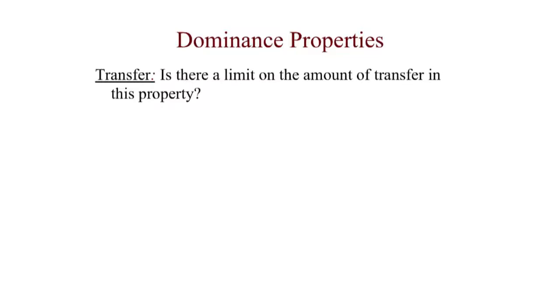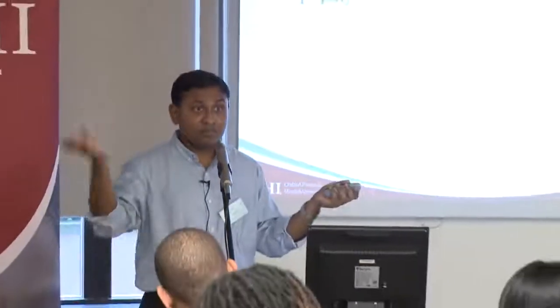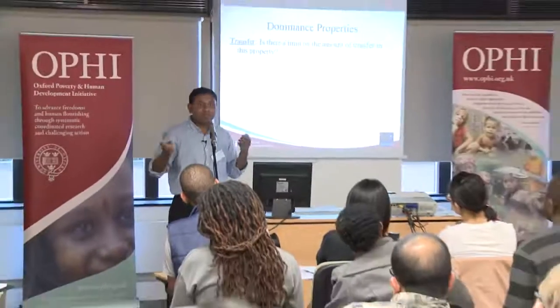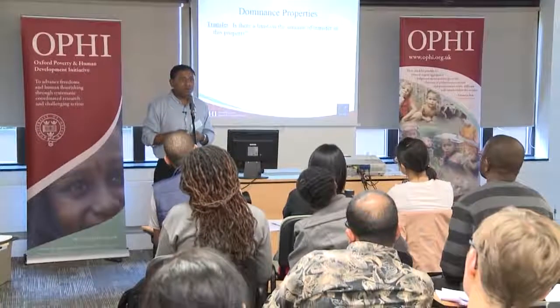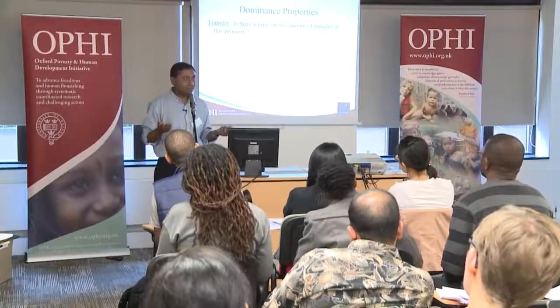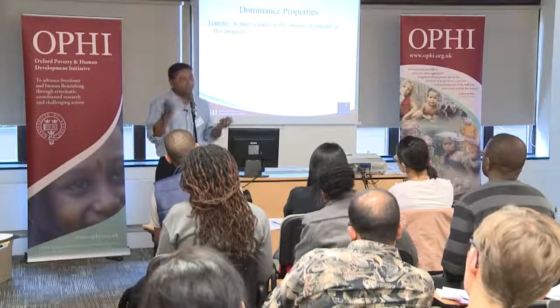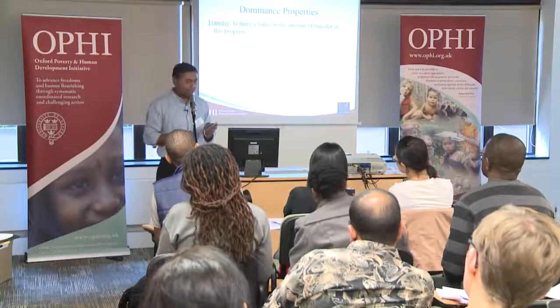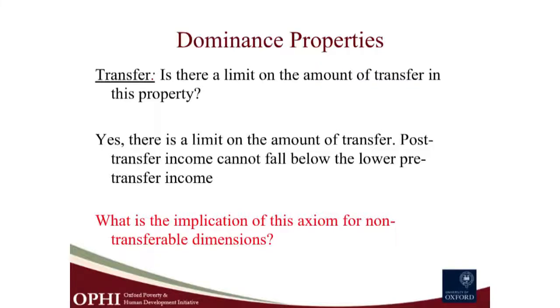Suppose somebody has $100, somebody has $80. And if you want such a transfer, which you may call a progressive transfer, is there a limit to that transfer? What is the maximum amount? 10. If you do more than that, of course it gets reversed. Very well. So you have given the answer.